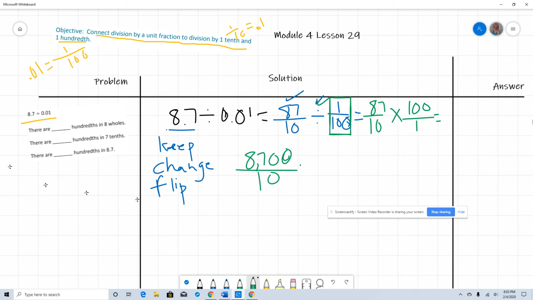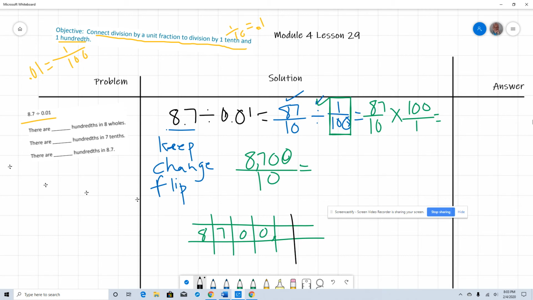If you want to use the place value chart so it's easier for you, you can use it. This is just a review of what we've been doing in the past. If you have a number that is 8,700, here is the decimal point. When you divide it, all of the numbers move to the right of the decimal point. I hope you recall that.